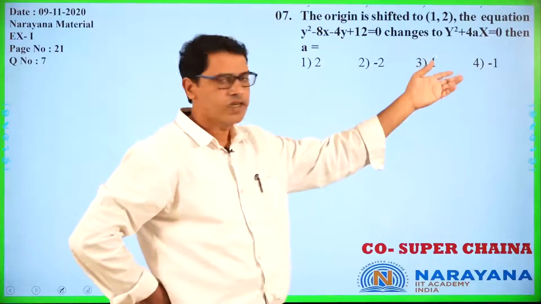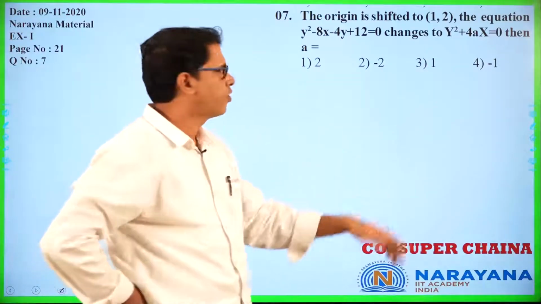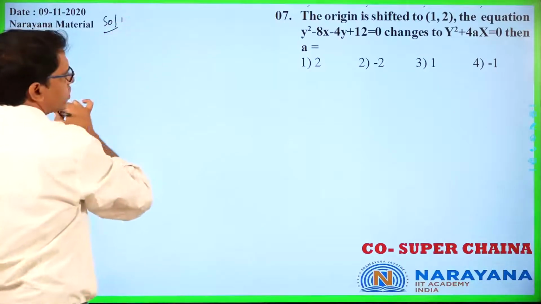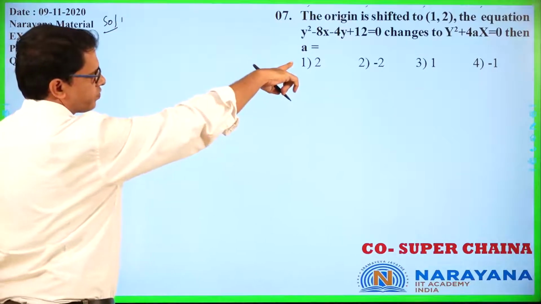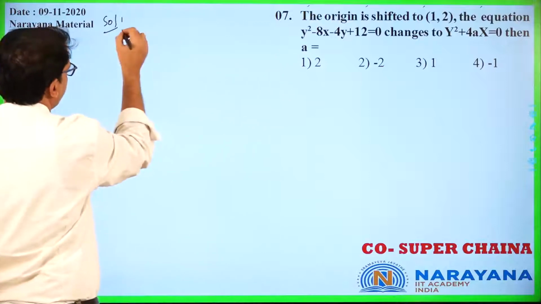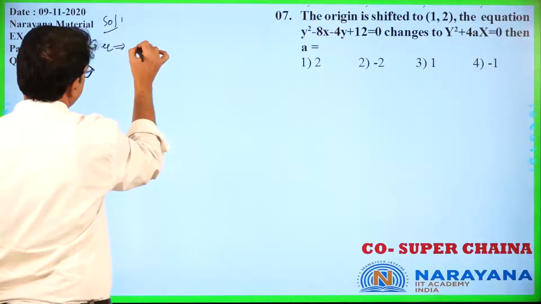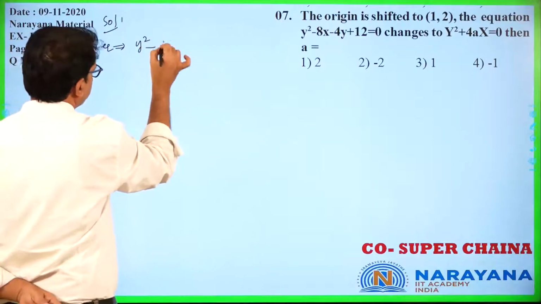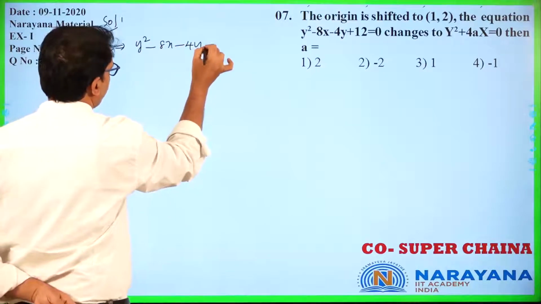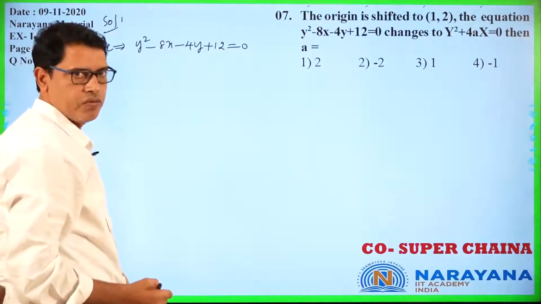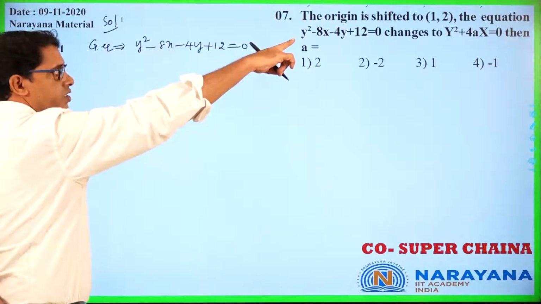Then let us go for the comparison. Okay na? So here first write the given equation. Given equation implies y square minus 8x minus 4y plus 12 equals to 0. Now h comma k is given.